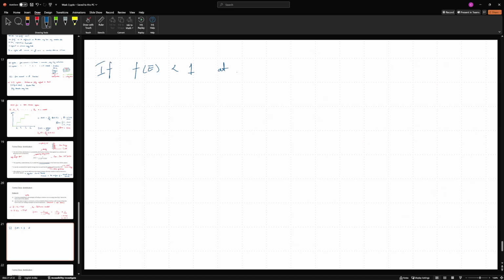So if f of E is less than 1 at a certain temperature, then increasing the temperature will do two things.